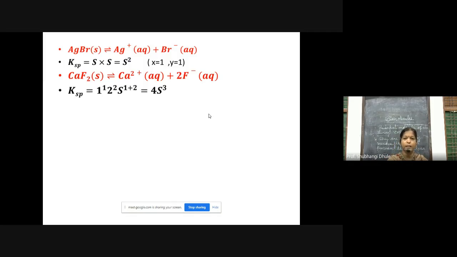If you apply the Ksp formula, Ksp is equal to x raised to x, y raised to y, and S raised to x plus y. So 1 raised to 1, 2 raised to 2, where 1 is the cation and 2 is the anion, and S raised to 1 plus 2. So overall it becomes 4S cubed.